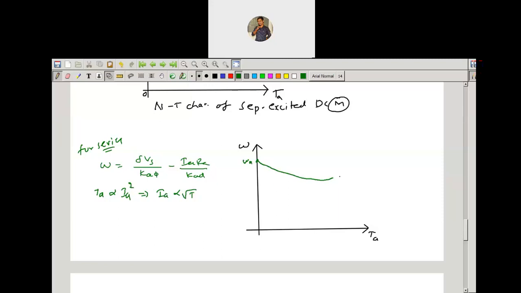It is for delta 1 duty cycle. For example, if I take one more duty cycle which is less than delta 1, then what about the no load speed? The no load speed is going to decrease. This will decrease to omega 02. So in this case, you are going to achieve a curve below the delta 1 case, the first case. So it is for delta 2.